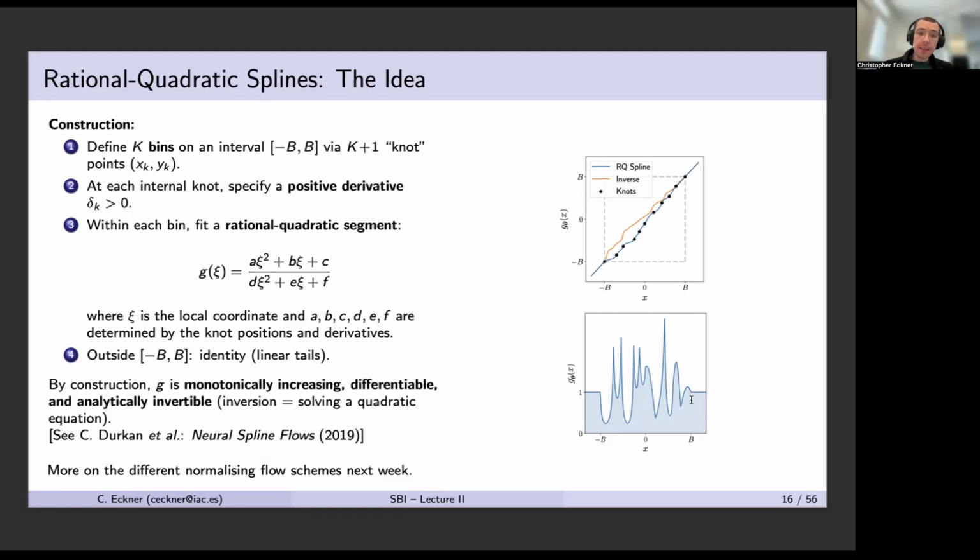And the implementation is then, because you can, in fact, analytically invert this transformation of splines, to make a normalizing flow out of this if you have many layers of these splines.